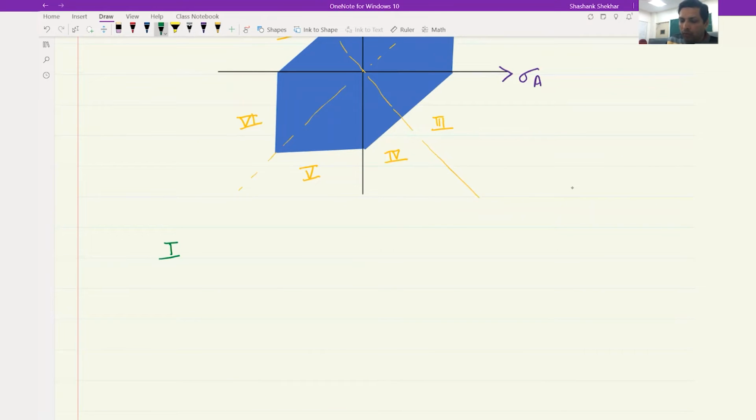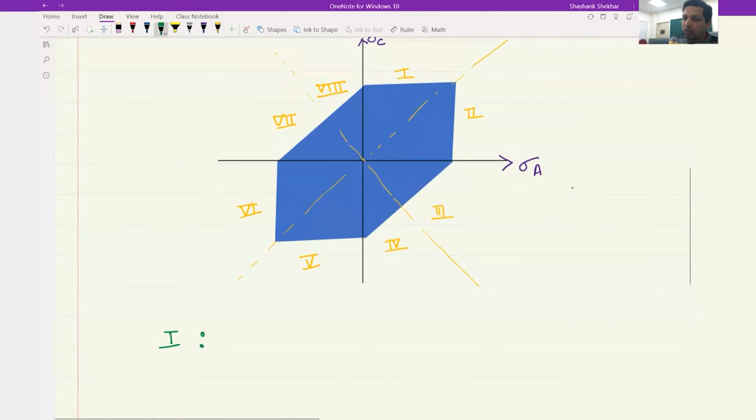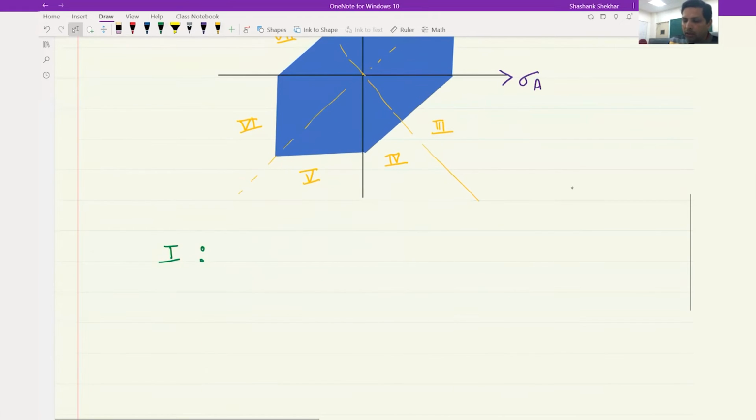Now let's start from zone 1. In zone 1, what we see is that sigma c would always be greater than sigma a, and both of them would be greater than 0. So sigma c would be greater than sigma a would be greater than 0, which means that when you apply the Tresca criterion, which is maximum minus minimum principal stress is equal to the yield strength, then maximum here is sigma c and minimum is 0.